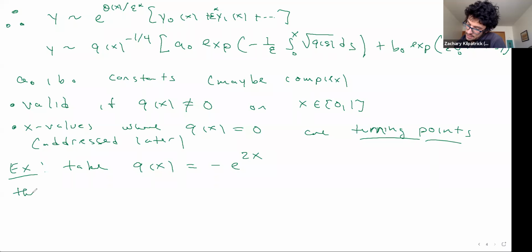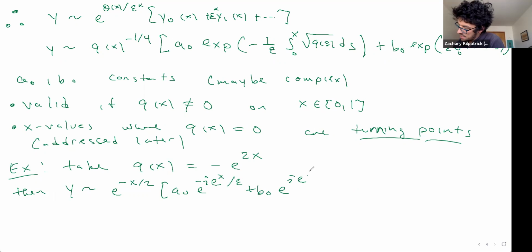Then in that case, y is asymptotically approximated by e to the minus x over 2 times a0 e to the minus i e to the x over epsilon plus b0 e to the i e to the x over epsilon.